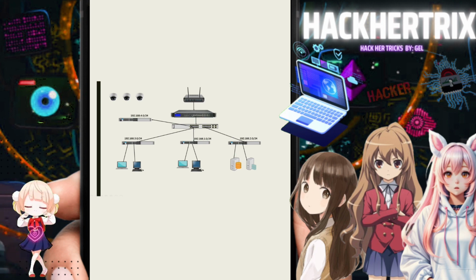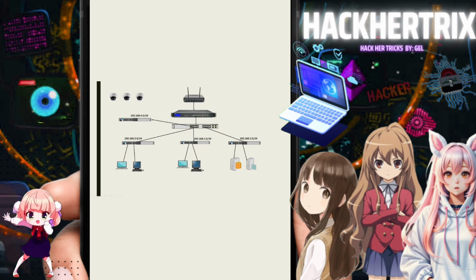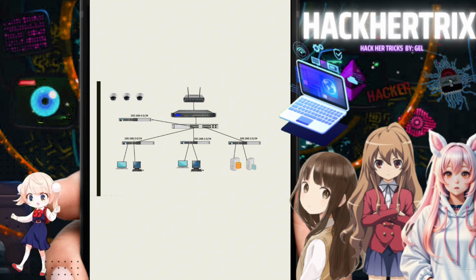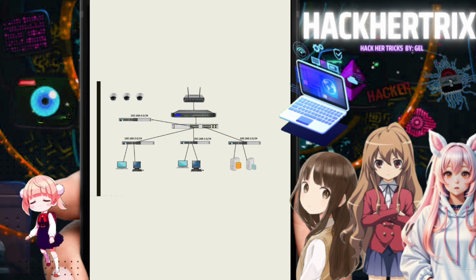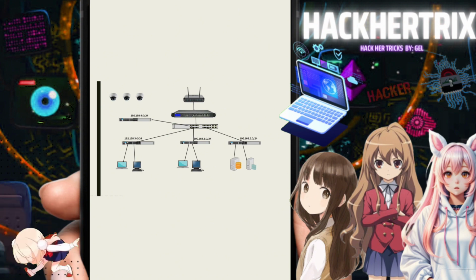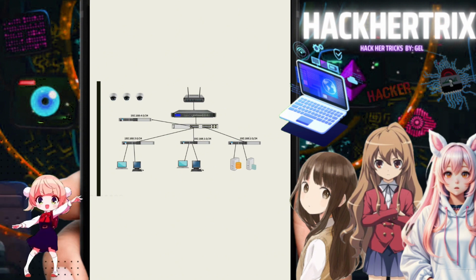And then, for this port, the IP range will be 192.168.3 and so on. And the rest. So, there, it is segmented. Its range is different. Different range, different range, different range.